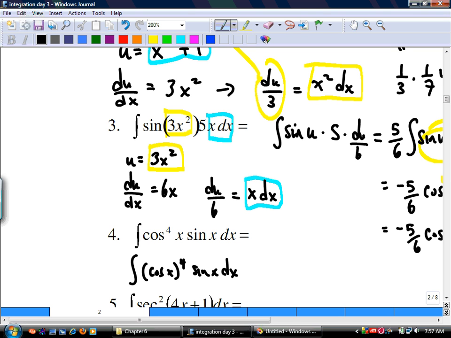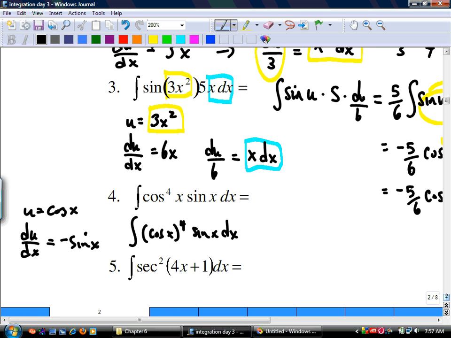So what are you going to let u be here? Yes, u equals cos x. du over dx equals the derivative of cos, negative sine. And then you look at it and you go, but Mr. App, there's no negative there. Do you care? Bring it over to the other side.